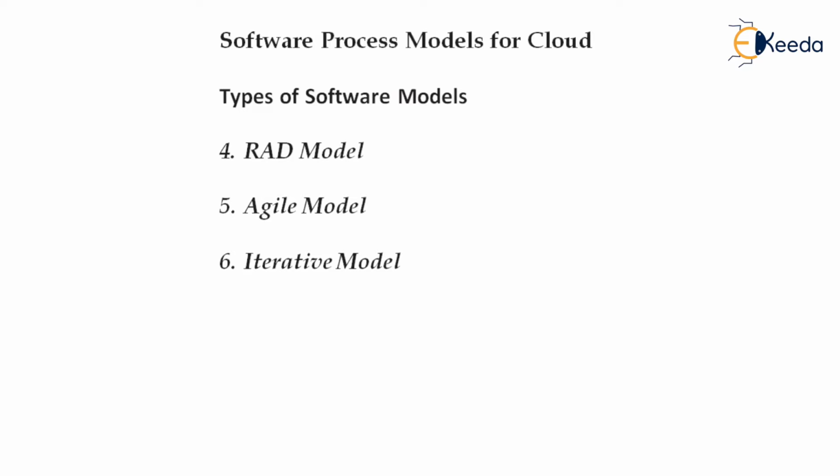So, for maintaining software quality, the agile process is implemented in software process models for the cloud. In a time critical application, this agile model is preferred more. Extreme programming is one of the popular examples of this development lifecycle model, that is XP development.